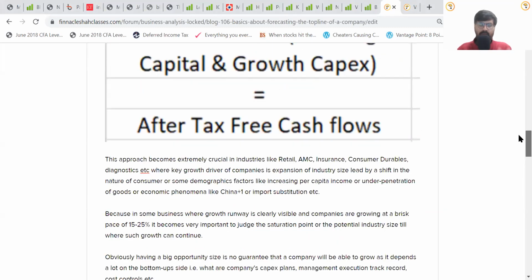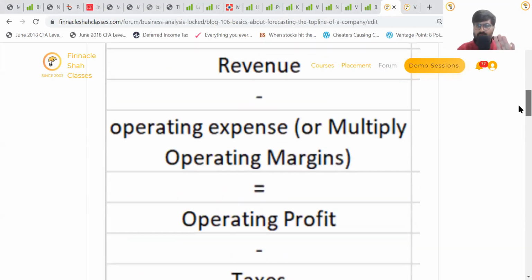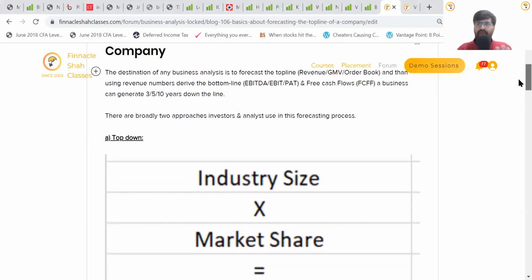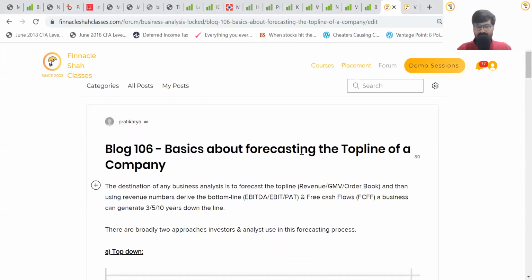So this session will be purely about the top-down approach, its basic dynamics, and the upcoming 4-5 sessions would be purely around how to understand future forecasting, especially related to the revenue of a company. We'll talk a lot about per capita incomes, penetration levels, how to analyze that, industry sizing to market share to company's revenue. We'll talk about the bottom-up approach, asset expansion leading to top line, etc.